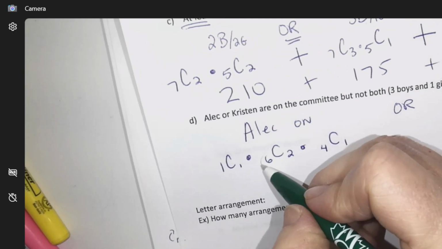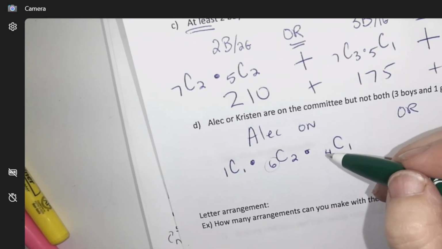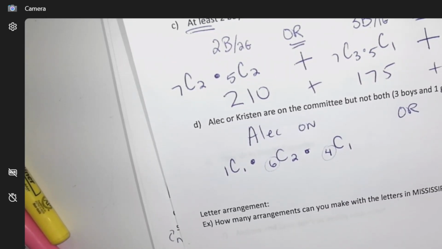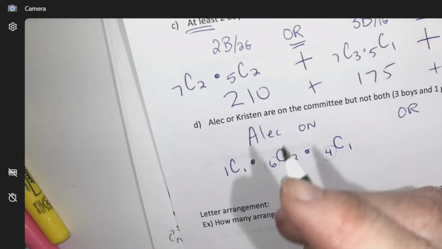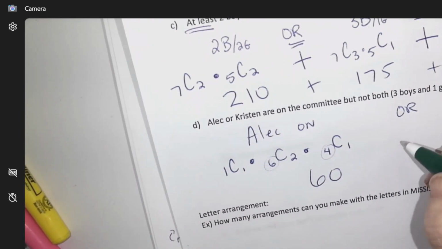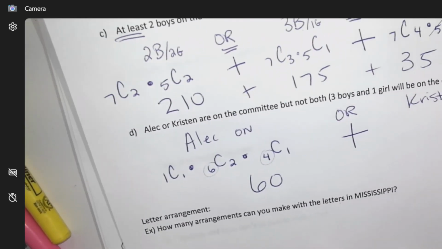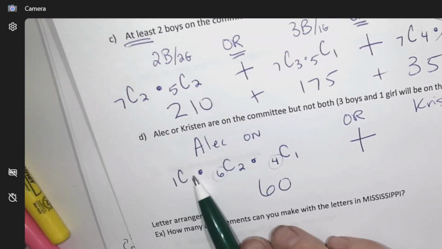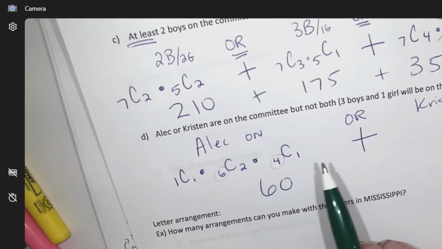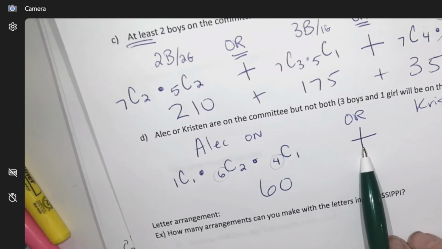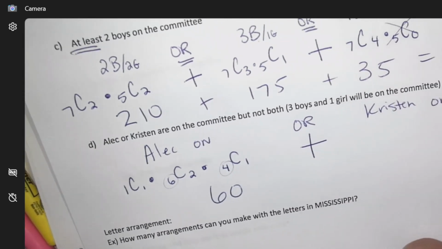Because Alec isn't an option anymore. Kristen isn't an option for the picks, the available selection. Or another scenario, so I add. So this is all happening in one scenario, so that's why it was multiplied together. This is an or situation, separate, so I'm adding it.